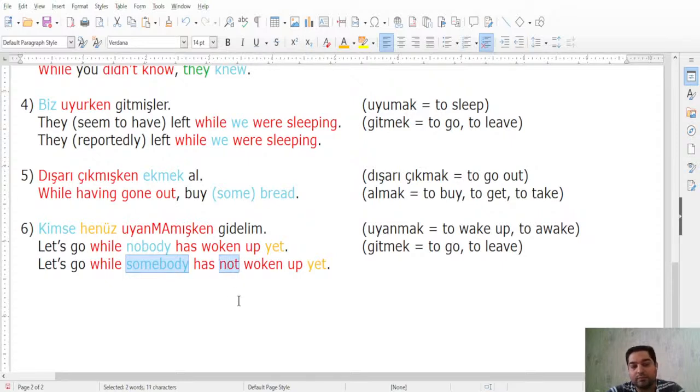It basically means let's go while nobody has woken up yet, or let's go while somebody has not woken up yet. Okay, that's the regular way of saying that, because in English we don't have two negatives, right? You cannot, for example, say while nobody has not woken up yet, right? That's why we say the first one is right, while nobody has woken up yet.